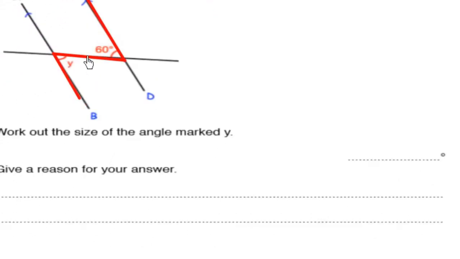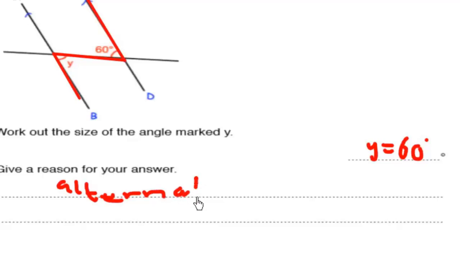These angles are equal because they are alternate angles. Hence, Y is equal to 60 degrees. The reason is that alternate angles are equal.